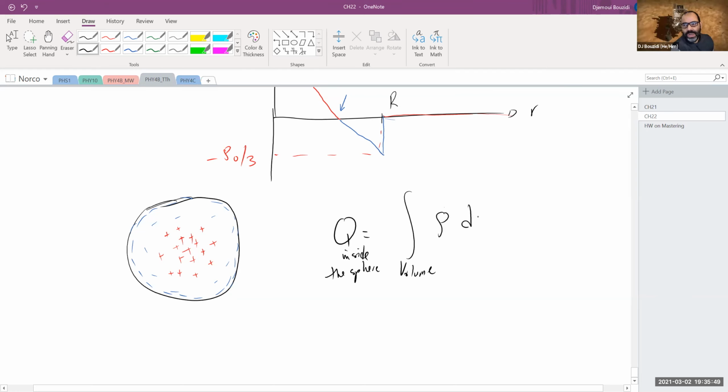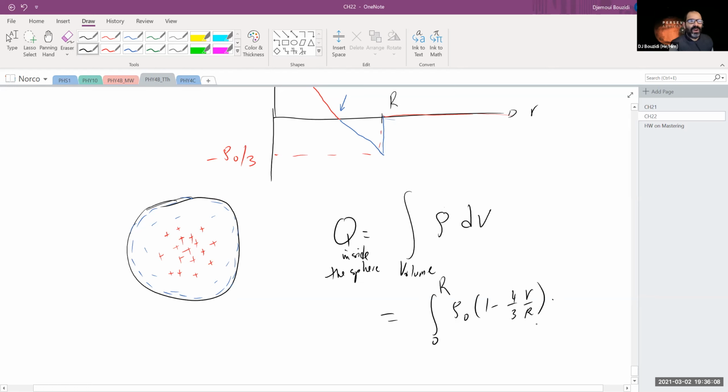Remember, the charge is rho dV, but rho is not constant. Now, rho is a function that depends on how far we are. As a matter of fact, it's non-zero between 0 and big R, and it's 0 anywhere else. And between 0 and R, it's equal to rho naught times 1 minus 4/3 R over R, times the element of volume.